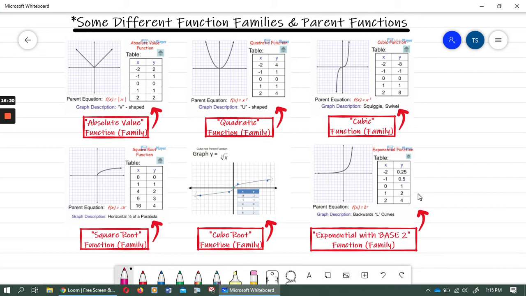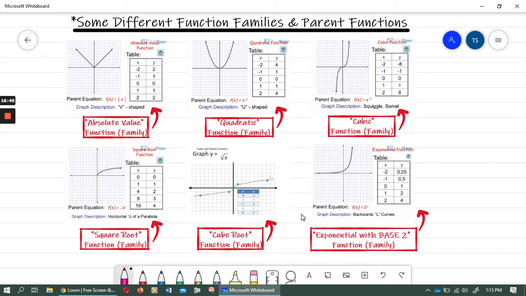But this particular exponential function family is focusing on the base of 2. If we changed the base here, it would be a completely different exponential function family. This one has the base of 2.